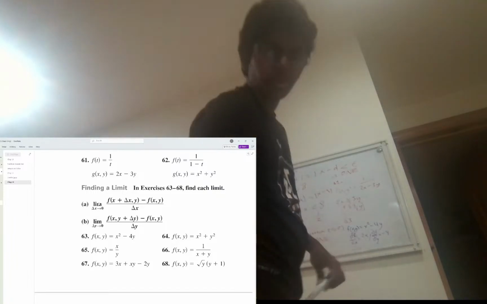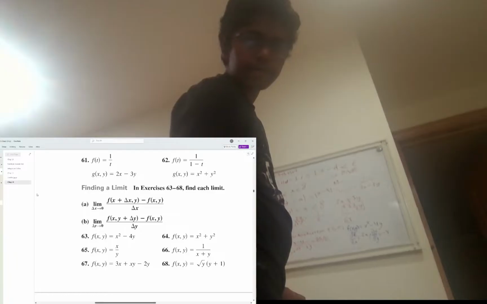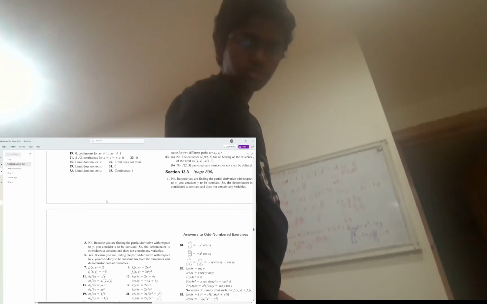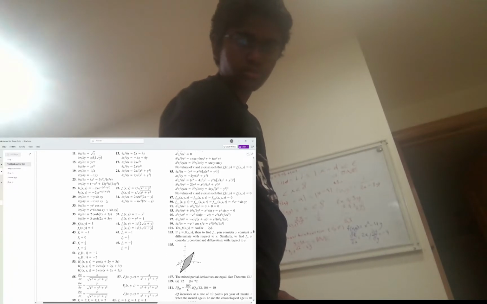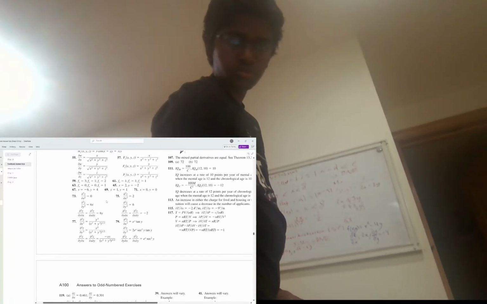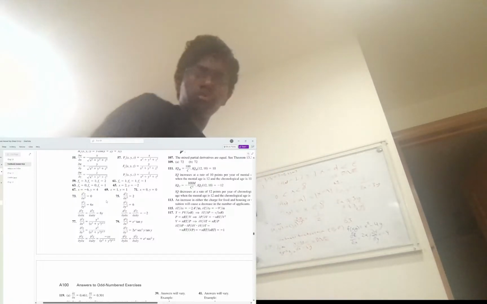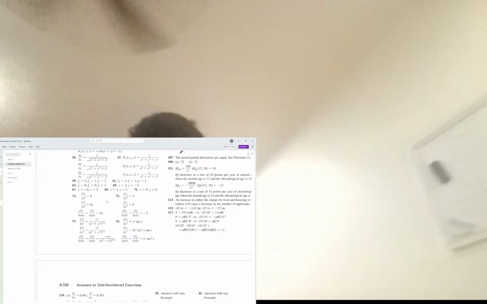So that should be the value of those limits. That's the right section. Yeah, 2x and negative 4, that's right.